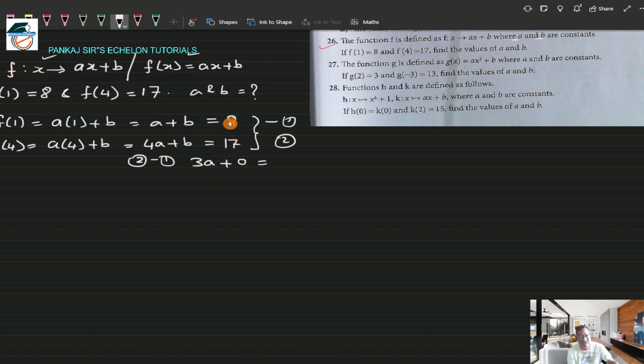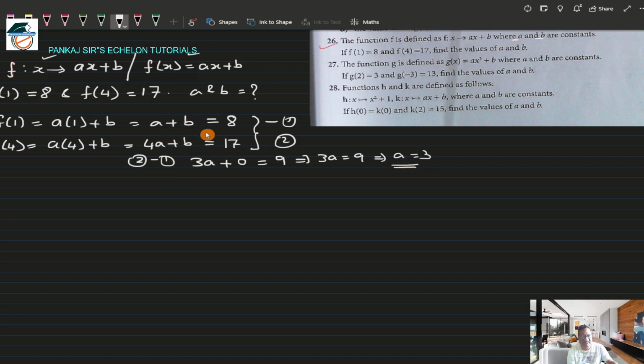And here I'll get 17 minus 8, which is 9. From here, I get 3a equal to 9, which gives me a equal to 3. So I got the value of a. Now I'll plug this value into any one of these equations.